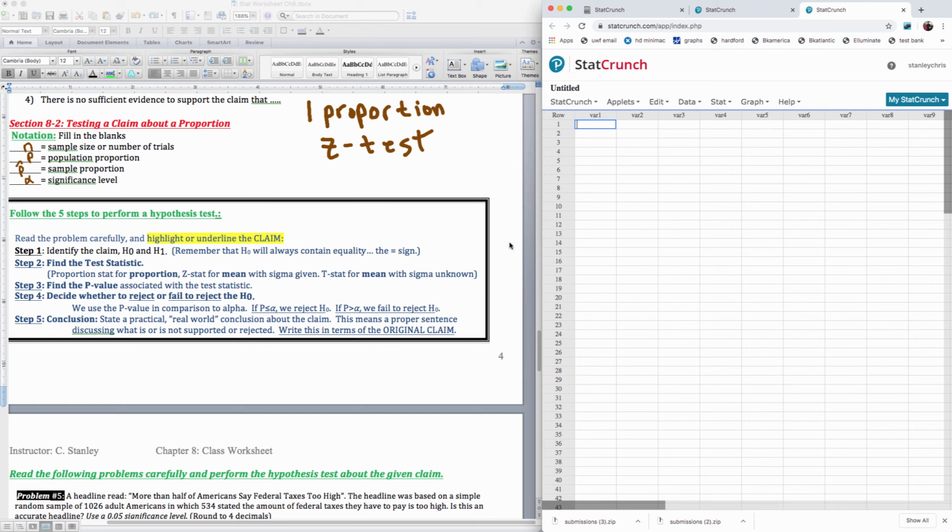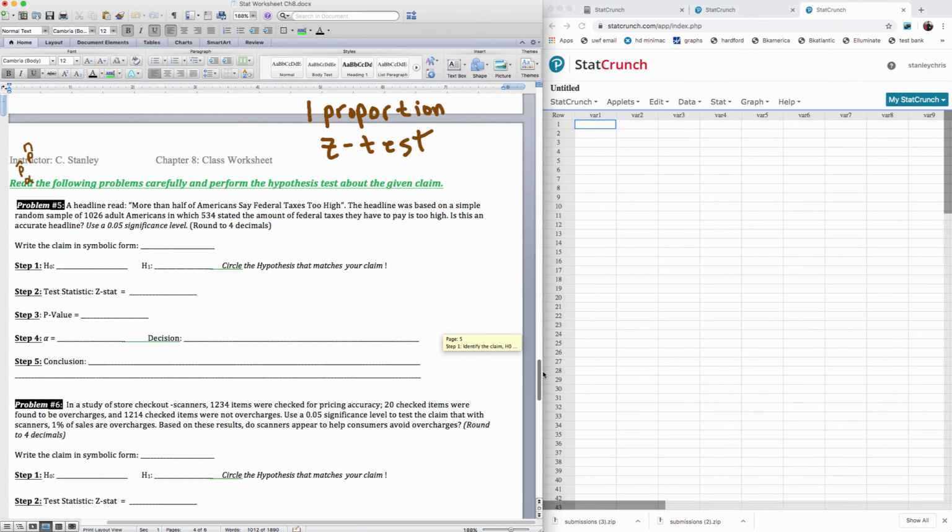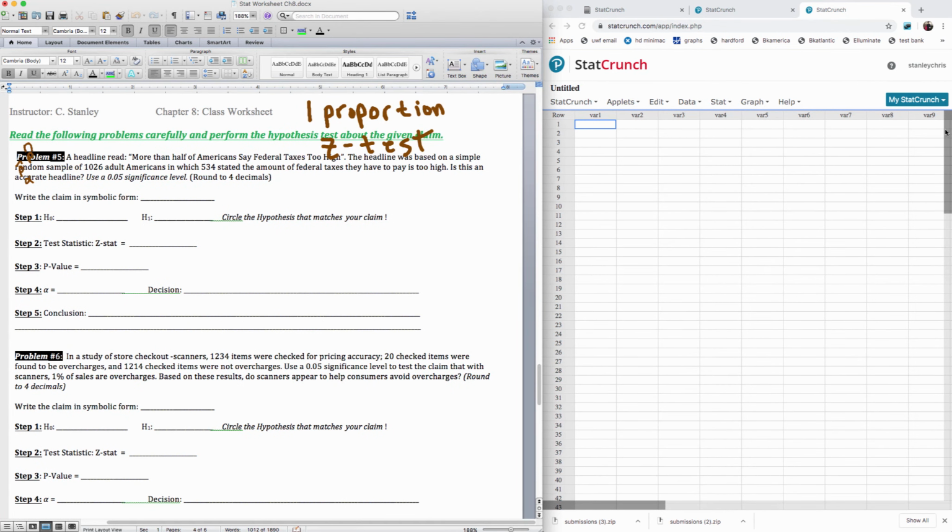Okay, so let's look at a problem. Before I was toggling back and forth. Now I'm just going to keep StatCrunch open on the right, so it won't be so bad on your eyes. Whenever I'm reading the question, at first I'm not looking at what's going on in the sample. I'm looking at what they are saying about the population.